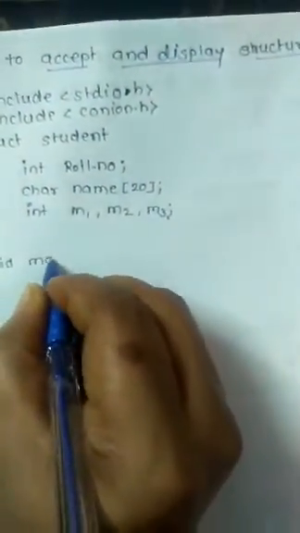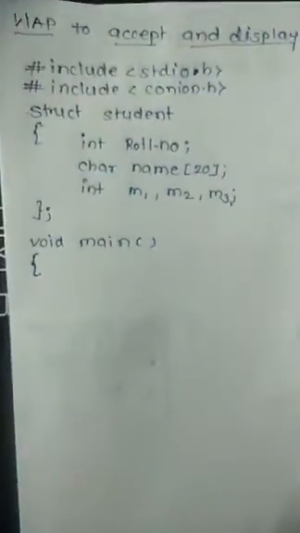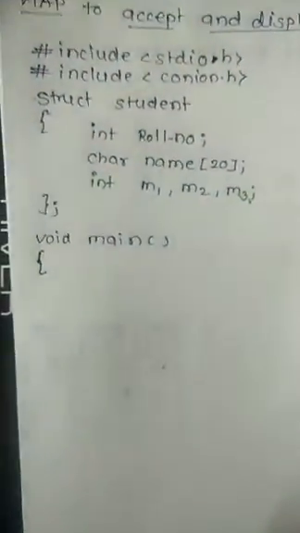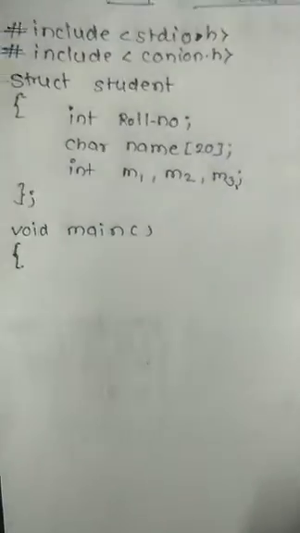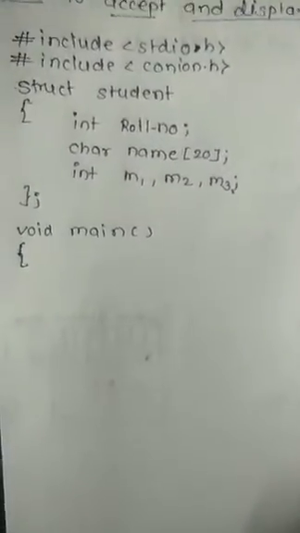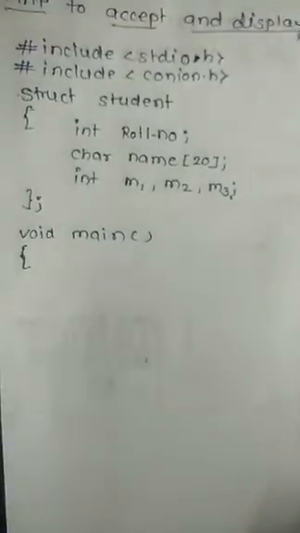So we start the programming here. void main function is written here, open curly bracket. And now I don't know what my actual student data is. Who knows the student data? The structure knows the student data.